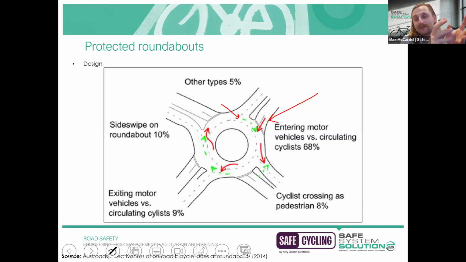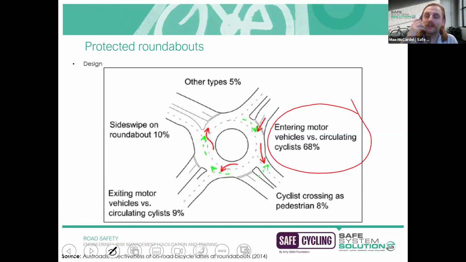So they've taken all these crash data reports and they've tried to categorize, well, what are the most common crash types occurring for bike riders at roundabouts? Overwhelmingly, the most common crash type that we are seeing is entering motor vehicles versus circulating cyclists. That's about 68%. What that is: a motor vehicle, a vehicle that's at the hold line, so they're at the give way.